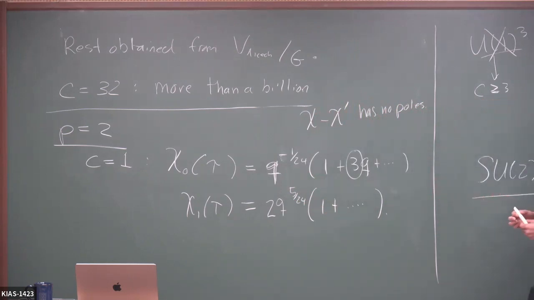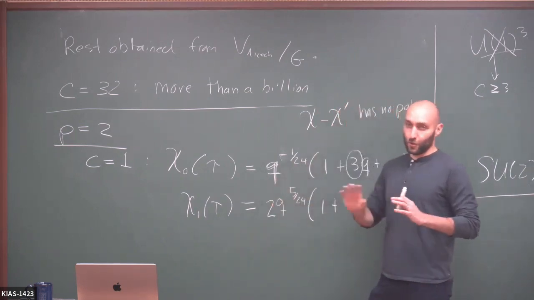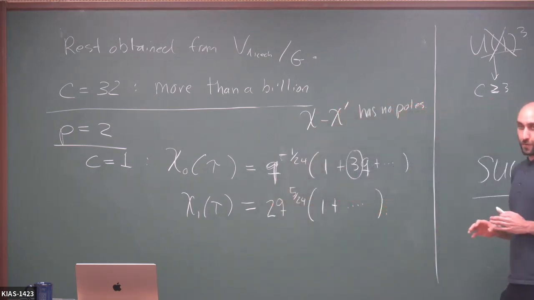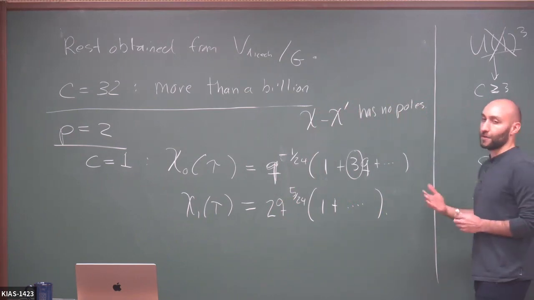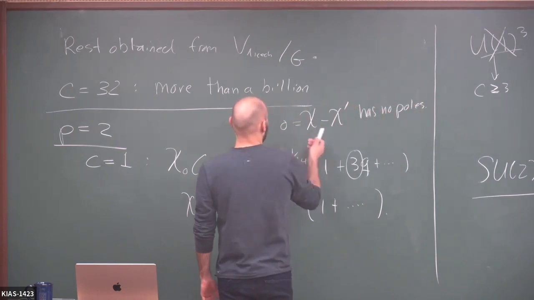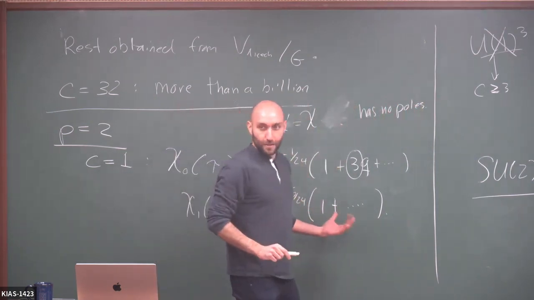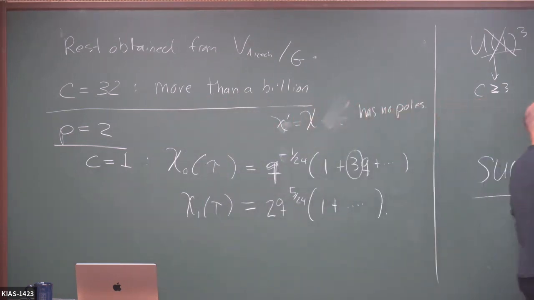This is sort of an analog of the statement that if you just look at ordinary modular forms, there are no holomorphic modular forms of weight 0. You have to allow them to have poles. So that proves that this is 0, and therefore that chi equals chi prime. So it is the unique character.